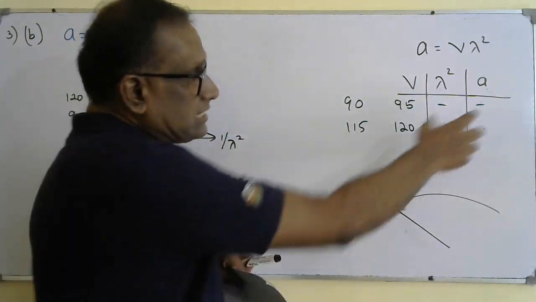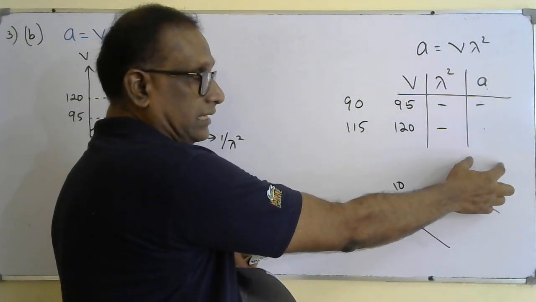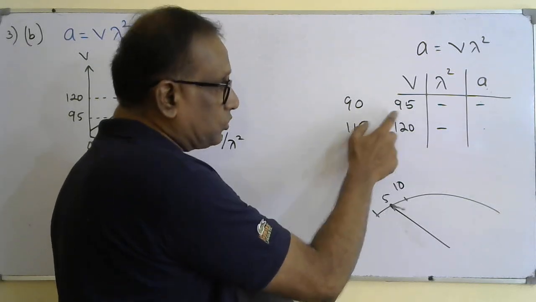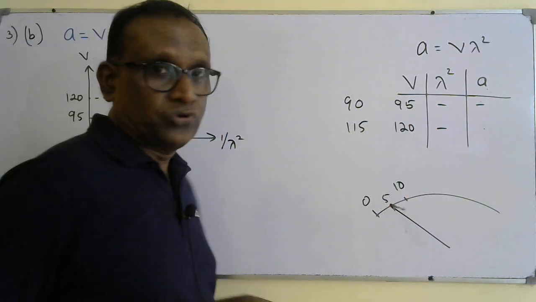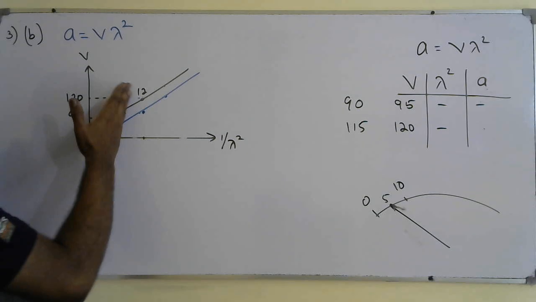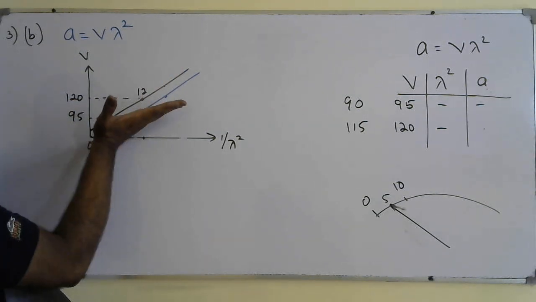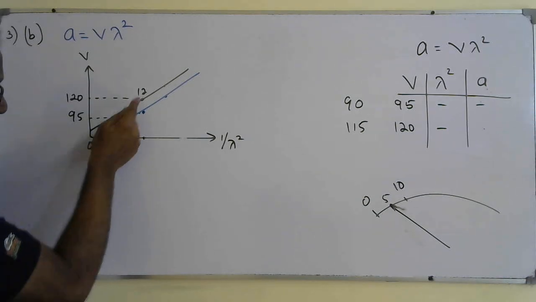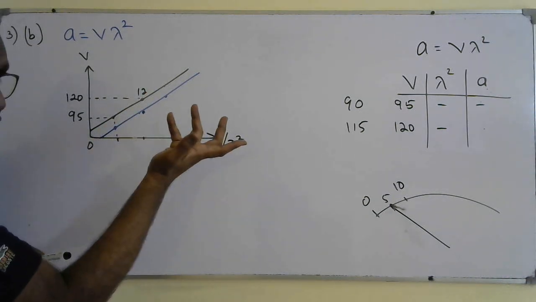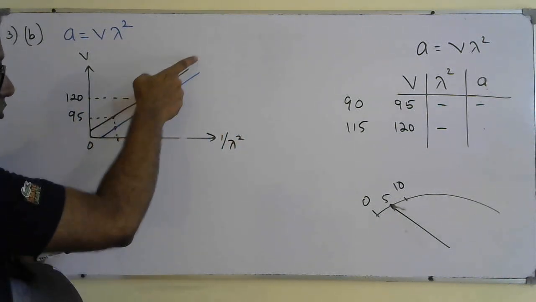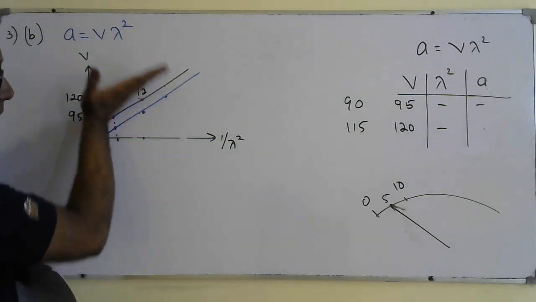So in this method, when you find the A, that A will have error due to the zero error of 5 volt. But if you find it from the gradient, you won't get that error, because if I draw the actual graph, all points go down by 5 volt, that's the zero error. This is the graph you got, the black color graph. Both are parallel.